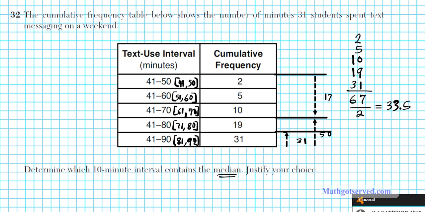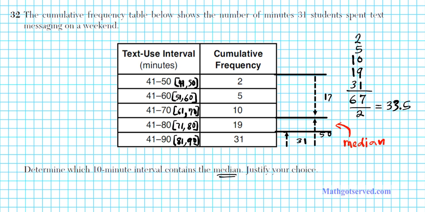Okay, so the median is between 71 and 80. So this is where the median resides. How do we know? Because going from the top, if you get to 70, it is 17. Let me just illustrate something else for you.